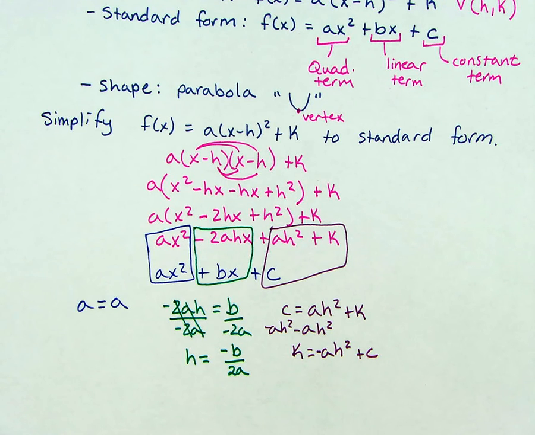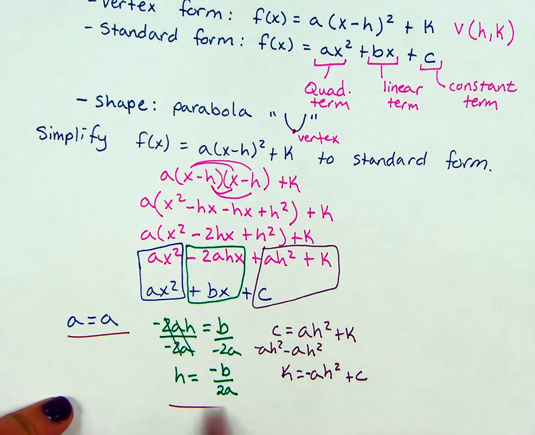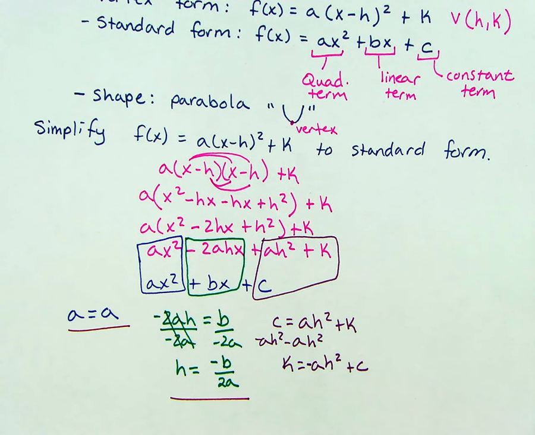But that's not really going to help us because we would still have to know what h is. So we really care about this part, the a's and then our h. Those two pieces of information we're going to use to help us identify the vertex when it's in standard form.